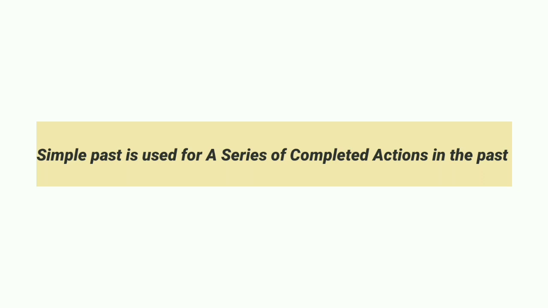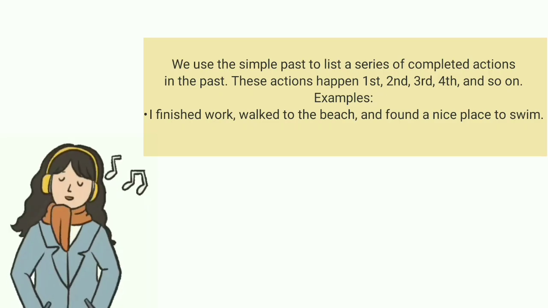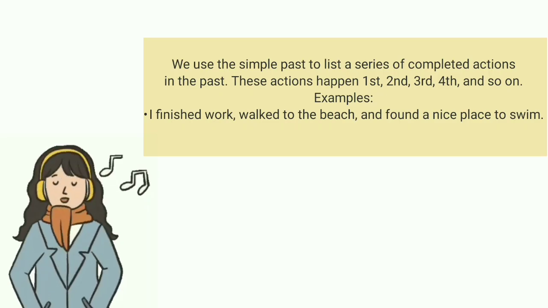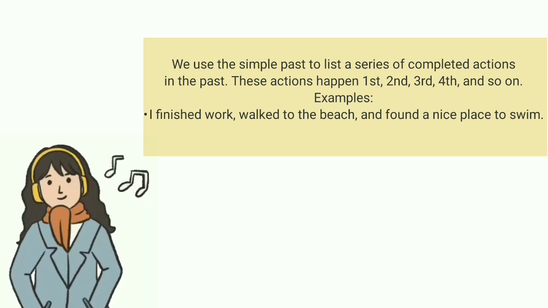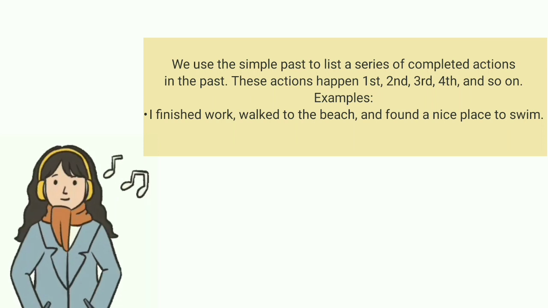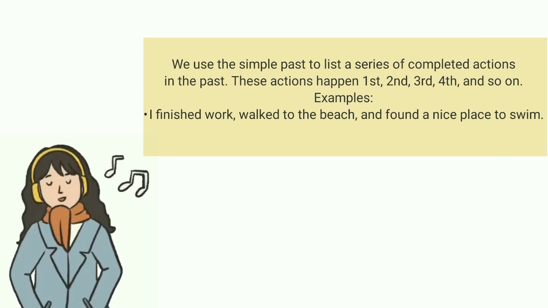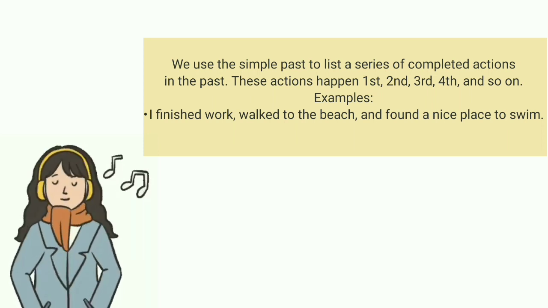Use number 2. The simple past is used for a series of completed actions in the past. We use the simple past to list a series of completed actions in the past. These actions happened first, second, third, fourth, and so on. For example, I finished work, walked to the beach, and found a nice place to swim.